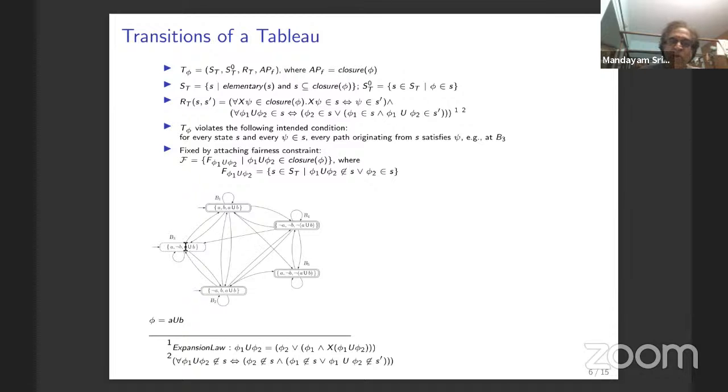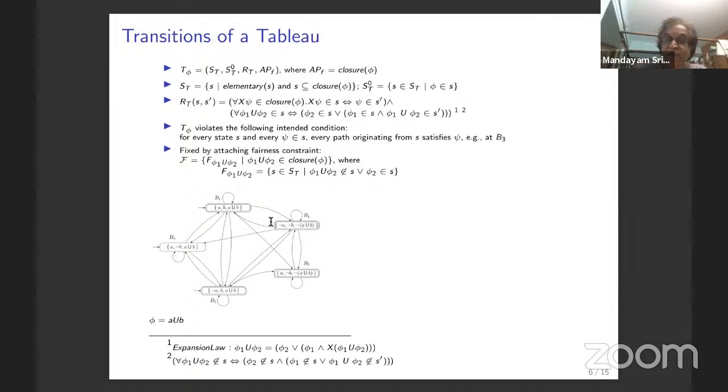Once you reach this, the infinite path may have a suffix after that where not phi never becomes true again.